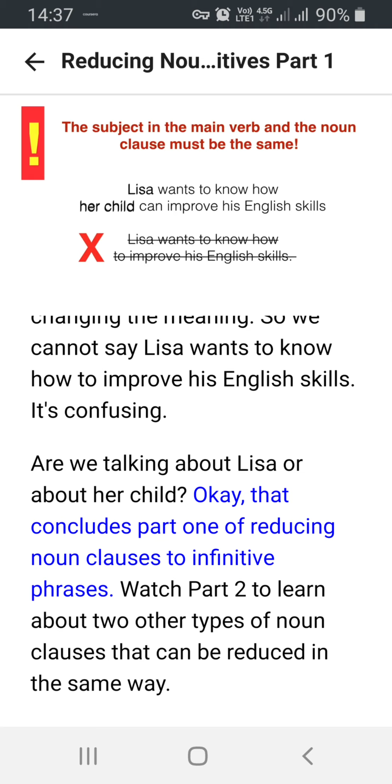Okay, that concludes part 1 of reducing noun clauses to infinitive phrases.